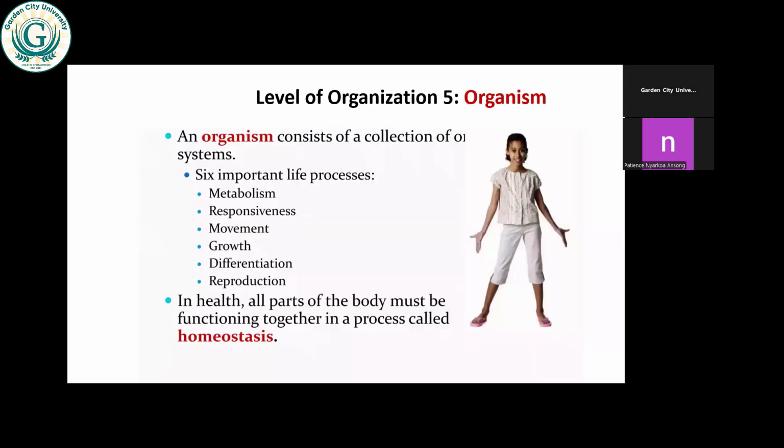Then finally, we have the organism as the fifth level of organization. An organism is a collection of all systems working together to ensure homeostasis. You have 6 important life processes: metabolism, the breakdown of substances and formation of molecules within the body; responsiveness, your ability to respond to change or stimuli, the main function of the nervous system; movement; growth, differentiation and maturity of cells; and reproduction, the continuity of life.